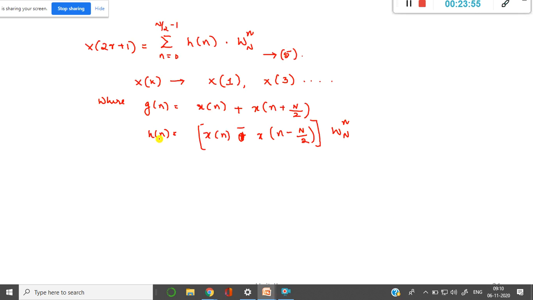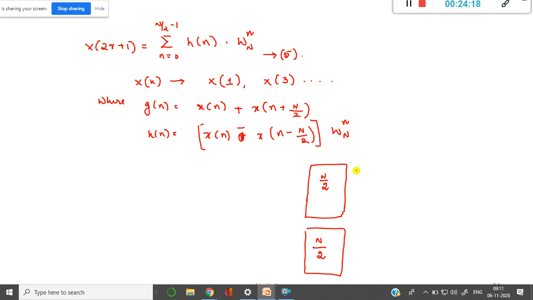So here, if you want to calculate g of 0, look at this, I put a small block diagram here. I have N/2 point output here, and here also N/2 point output.